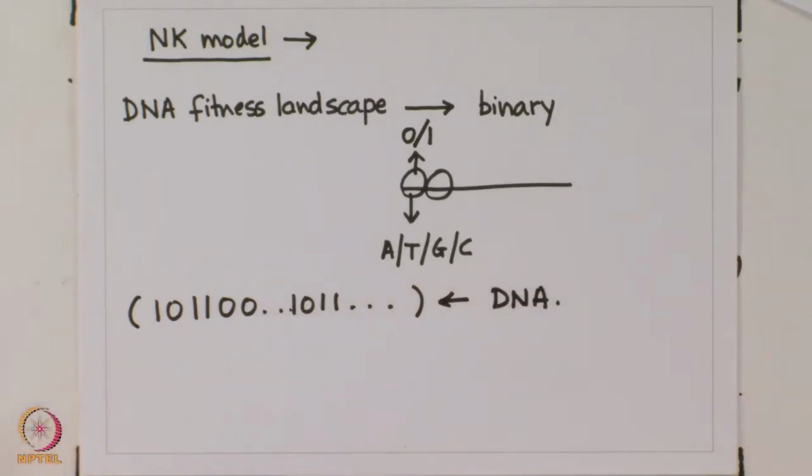Okay. Binary representation. Now, if you are interested in the fitness landscape associated with a stretch of DNA, what this model will assume is that the entire fitness associated with a string of length L of DNA is equivalent to the sum of contributions of fitness from N different loci which are present on this sequence. So let me make that clear.